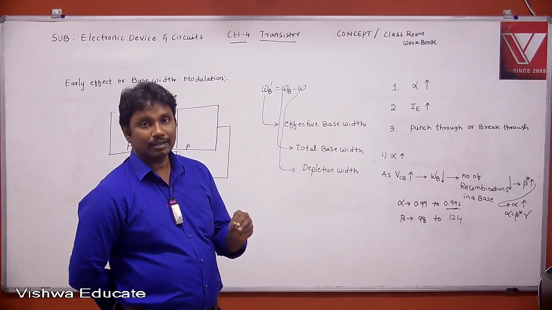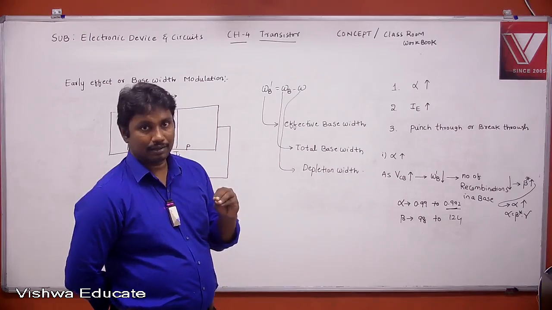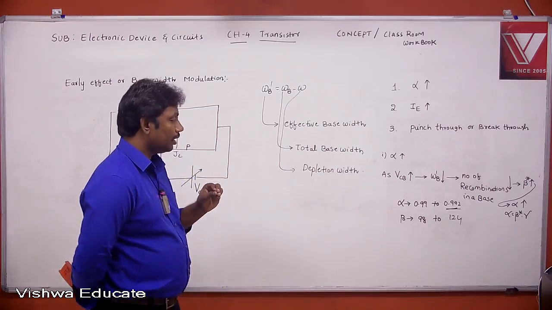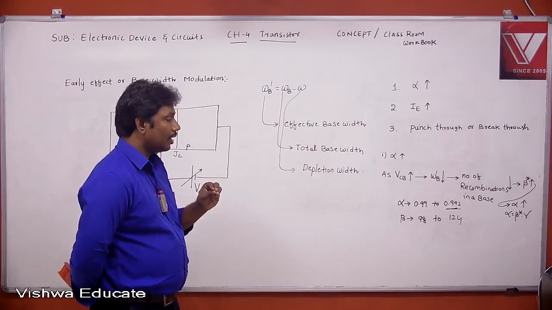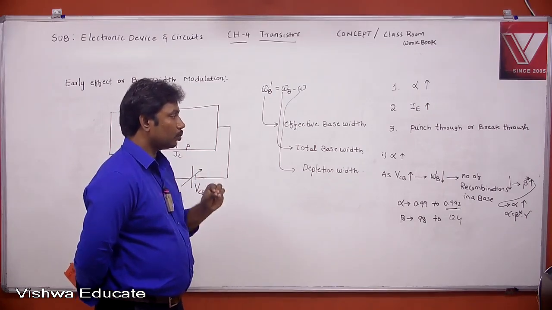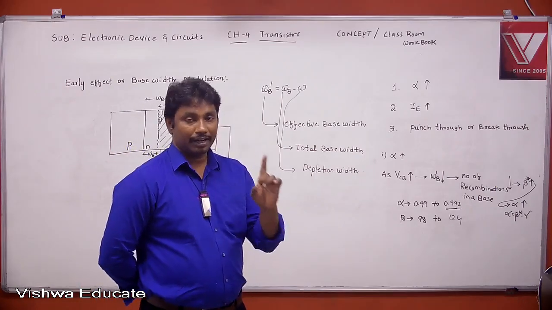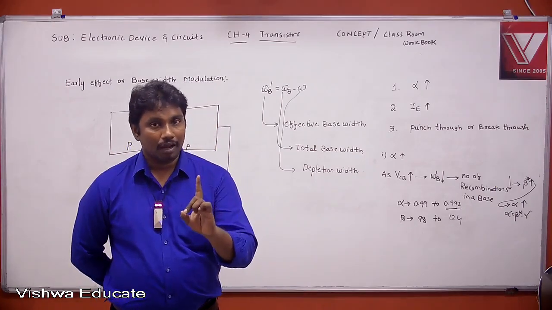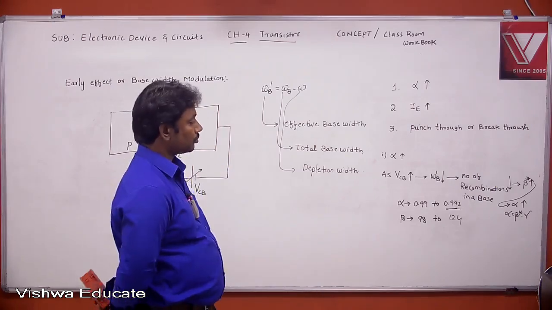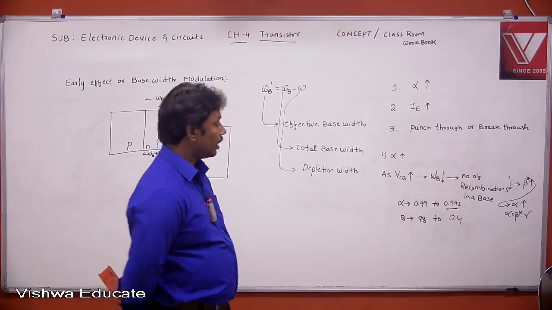Second, emitter current increases. And third, punch through or breakthrough. Heading the first one: alpha increases.